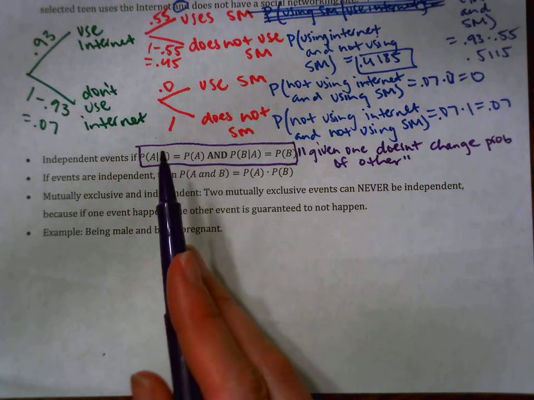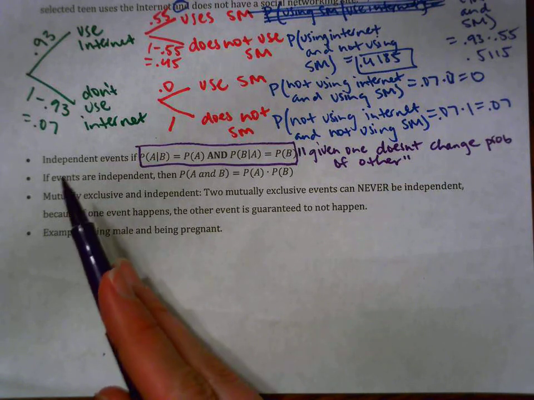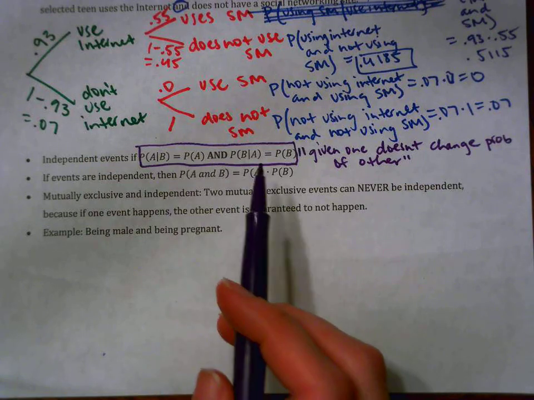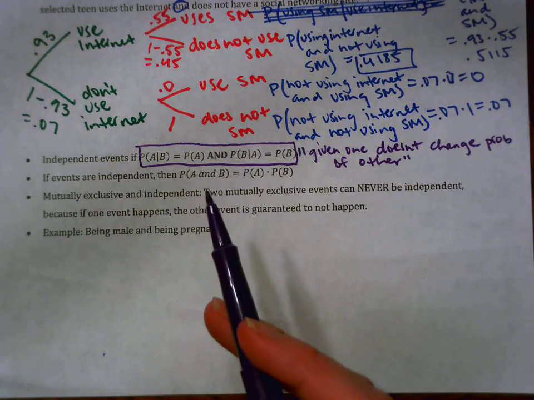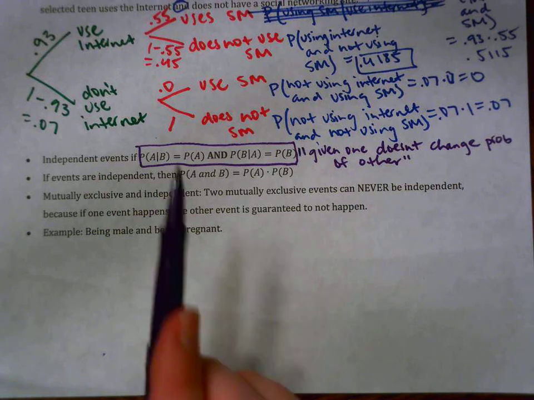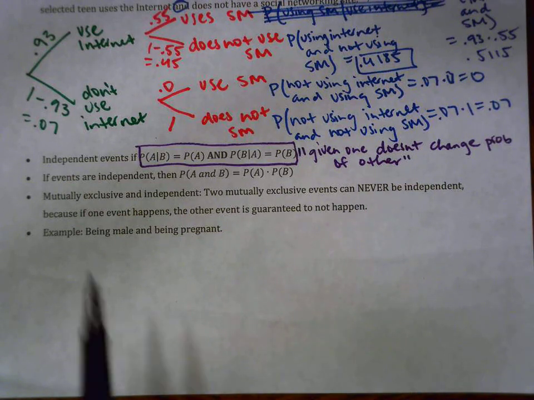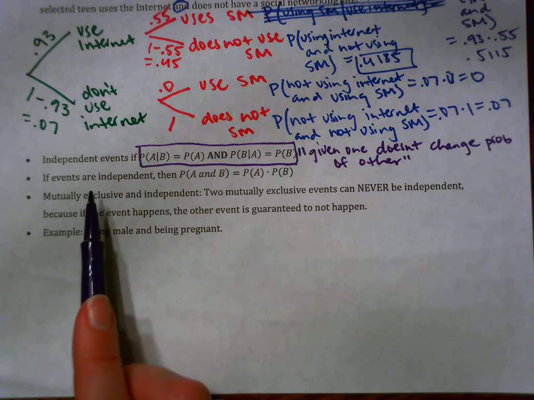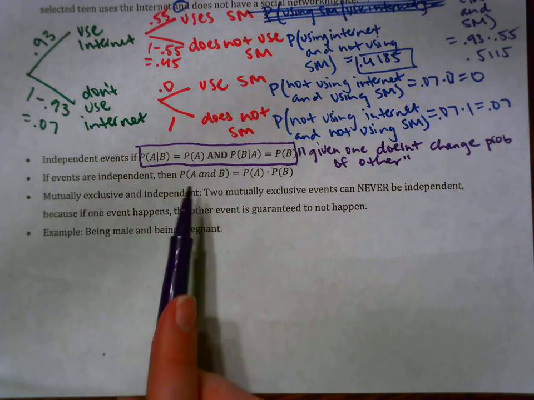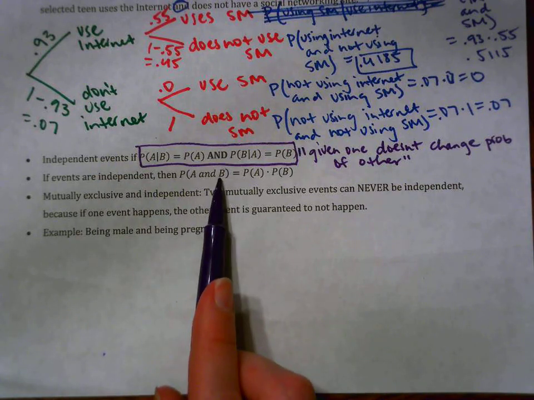So if you know that two things are independent, whether it says it or you prove this or it's common knowledge that knowing one wouldn't change the probability of the other, like flipping a coin and rolling a dice, right? We know that the coin has no effect on the probability of the dice. So if they are independent, then the probability of A and B, you can just multiply them.